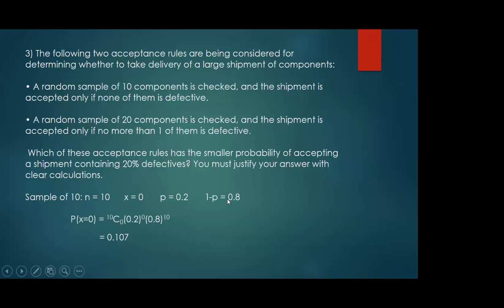Therefore, the probability of not being defective is 1 minus p, which is 0.8. So we're going to solve for this binomial distribution. We start by writing out the statement with probability that x is equal to 0. So it's equal to 10 choose 0 times 0.2 raised to 0, times 0.8 raised to 10, which is equal to 0.107.